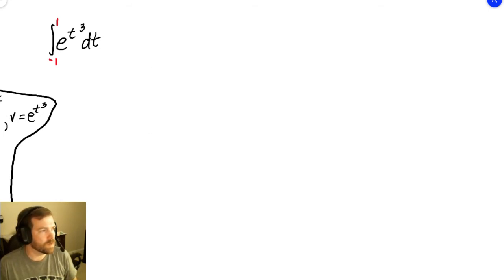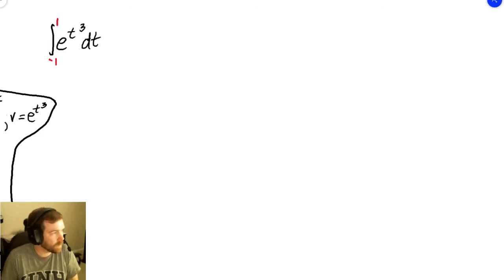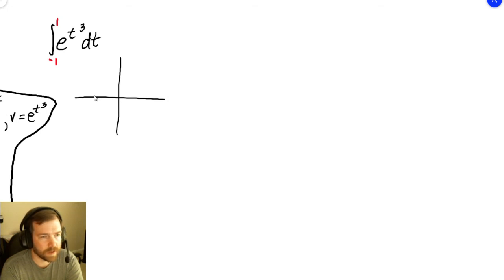All right, in the case of numerical integration, basically what we're trying to do is find a particular area under the curve. e to the t cubed dt looks more or less like this.